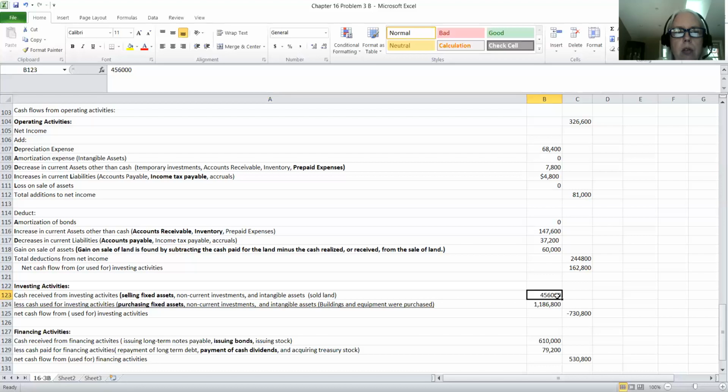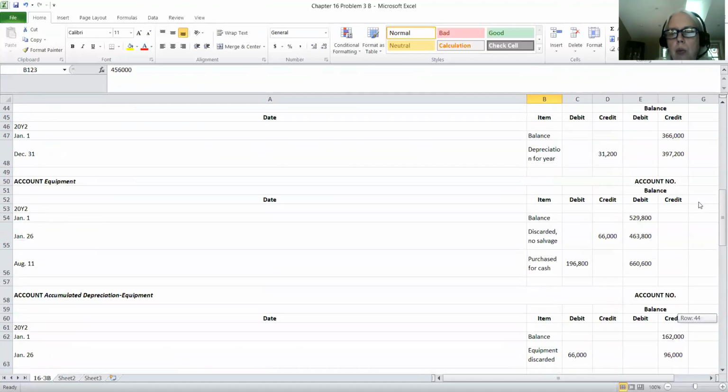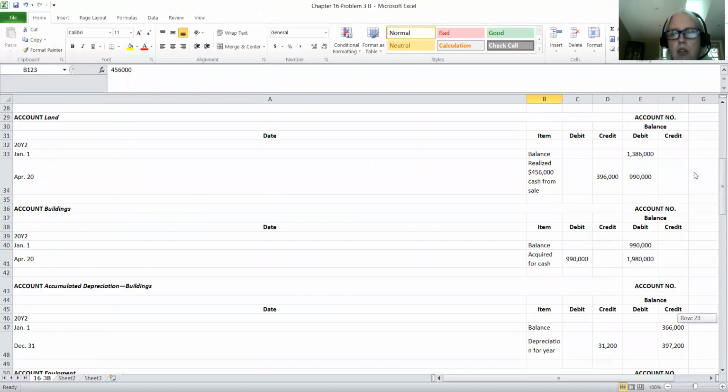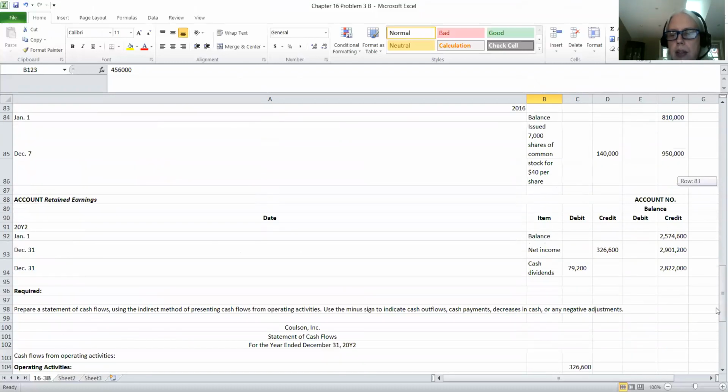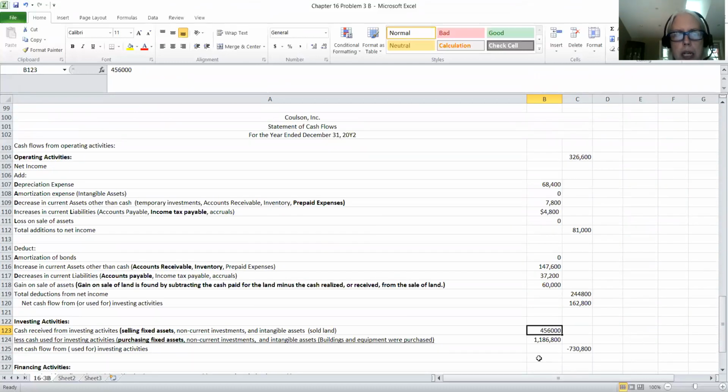We definitely sold land. But the land amount that we realized in cash is $456,000. And so that is the amount that would go into the cash that we've received from the sale of the land.